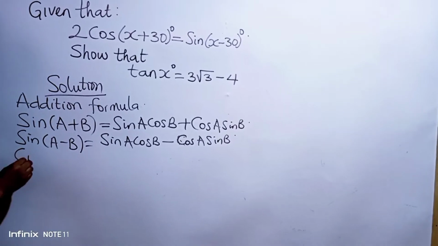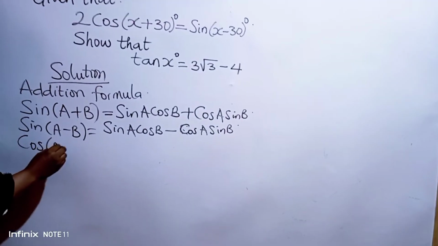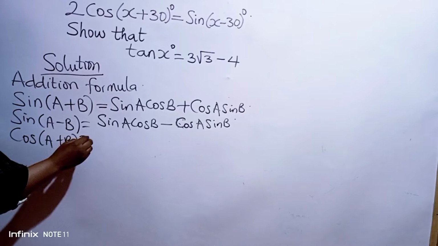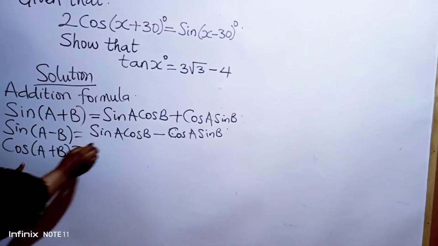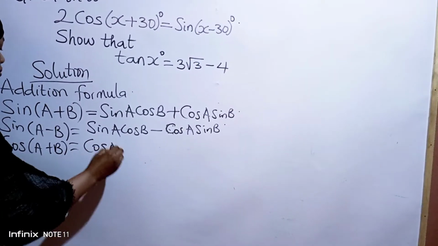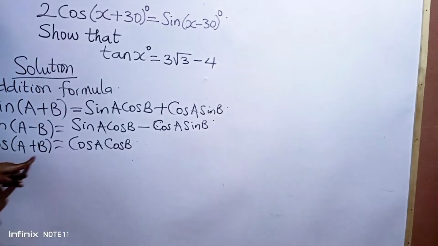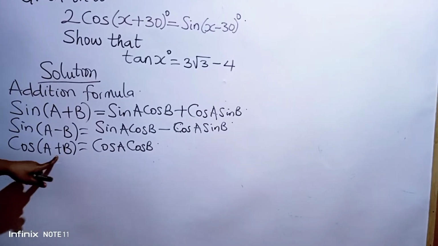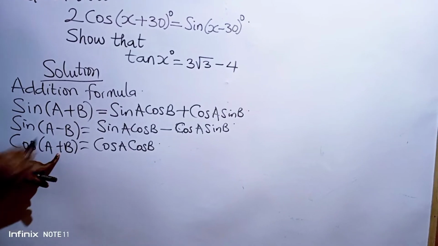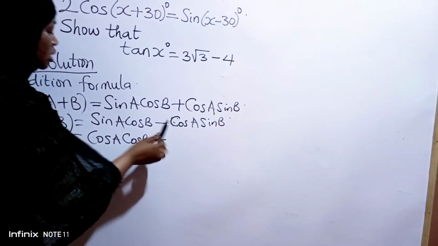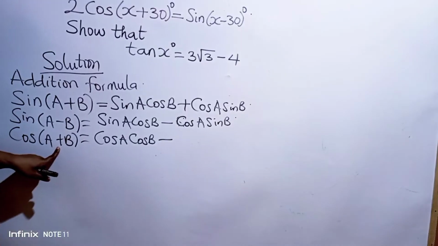Now, for the cos, cos(A + B) will be cos A cos B, and here the sign is going to change. So when it is plus A, when you are expanding it, it's going to be minus. Are we together?